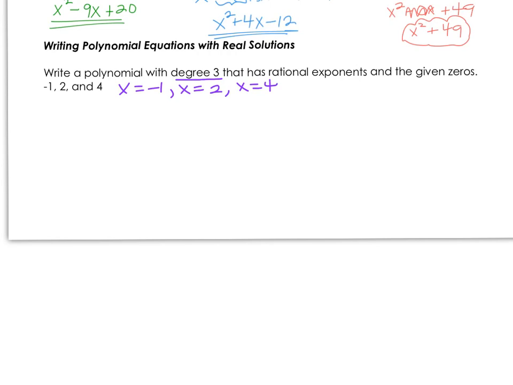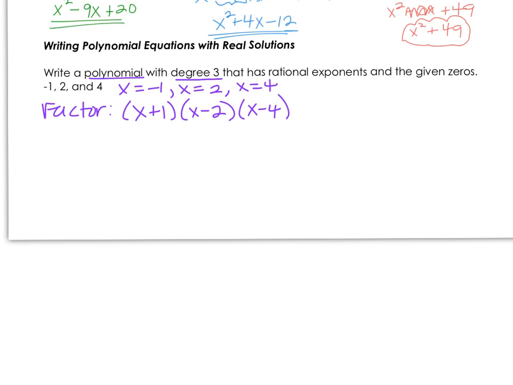Now, if we know that that's what our solutions are, or our zeros for x, in factored form, if x equals negative 1, then the factor is x plus 1. It's the opposite sign. X equals 2, that means the factor would be x minus 2. And x equals 4 would indicate that our factor is x minus 4. To write the polynomial, we need to multiply this all together. We don't want to leave it in factored form.